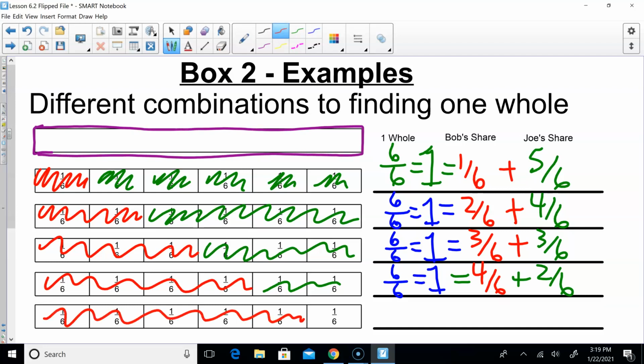So Bob's share at 5/6, plus Joe's share only has 1/6. Maybe that's how many dishes they do in the house, maybe how many times they take out the garbage, all that kind of jazz, which would equal 1, which would also equal 6/6. So you can pause the video right now if you haven't, and have all these parts there to show you all these different ways that we're able to get to a whole based on our drawing of 6.